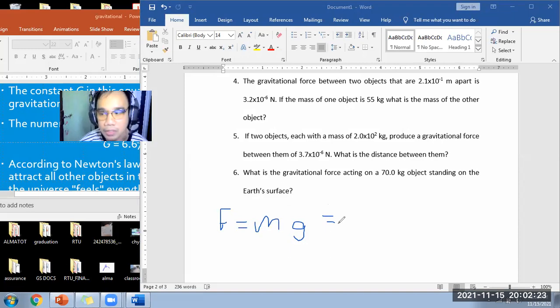Then yung earth mass, ano ba yung earth na natin kanina? So 70 times Earth's surface, yung gravitational natin kanina.